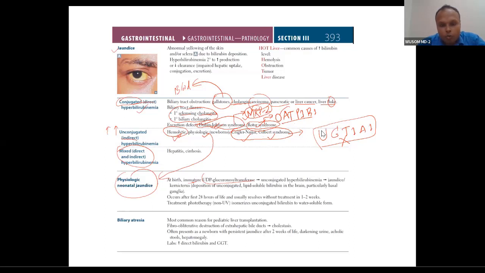In a newborn baby, the fetal hemoglobin is being taken up by the body and replaced by adult hemoglobin, and new bilirubin is being formed. So there will be hemolysis of this.